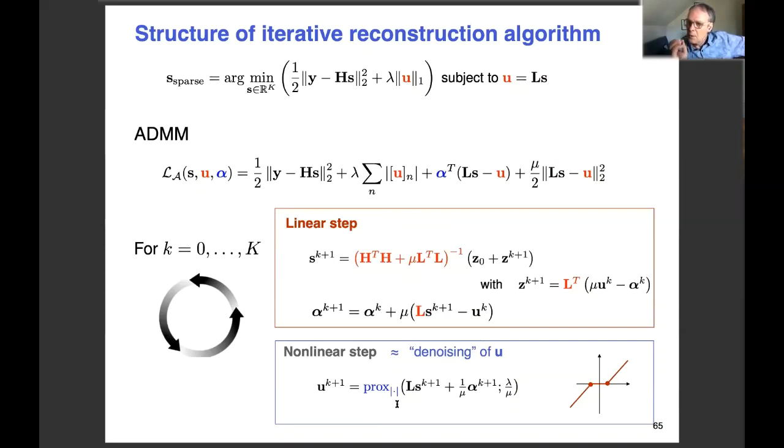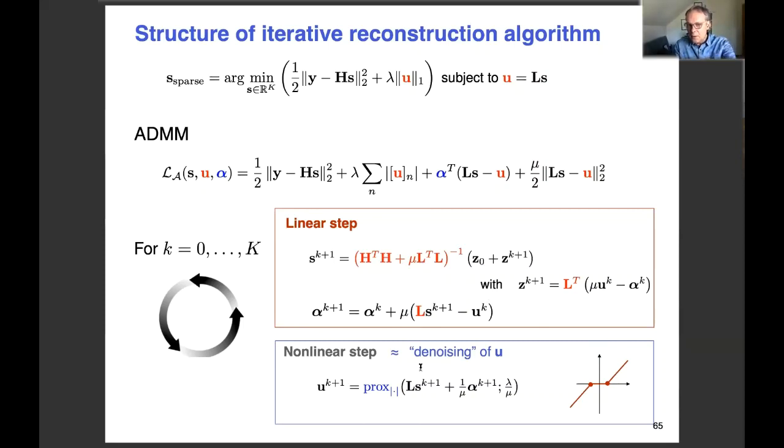So it can be looked at as a pointwise nonlinearity, similar to, let's say, a ReLU. This is a soft threshold, so it's a pointwise nonlinearity. And I also told you conditions on H, where in fact the linear step was equivalent to a convolution.